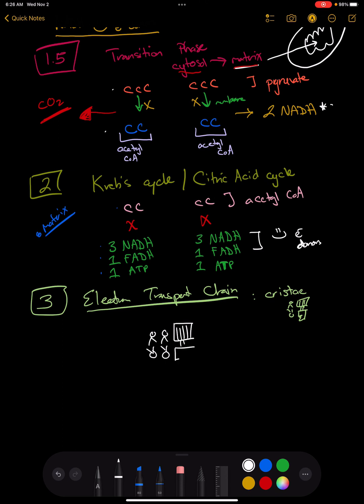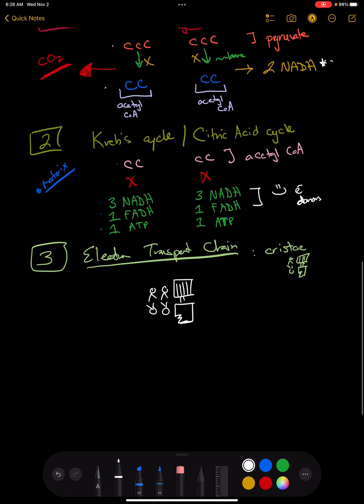Remember, ATP synthase is the enzyme that makes ATP. So here it is. This is my cristae, right there. And this guy, let's go ahead and label it. This guy right here, this is my ATP synthase.